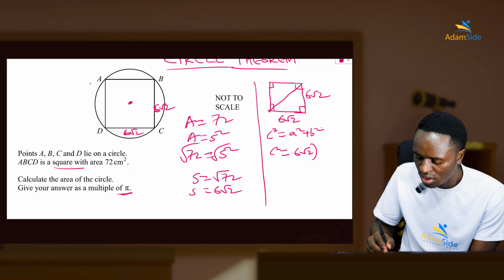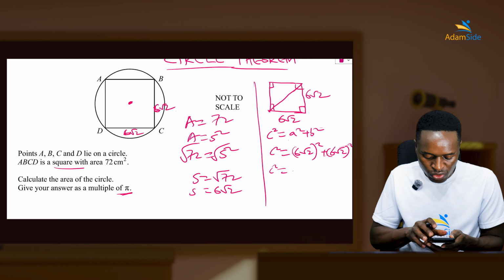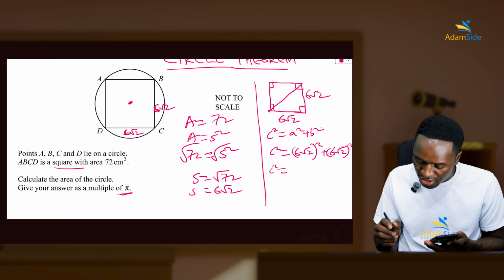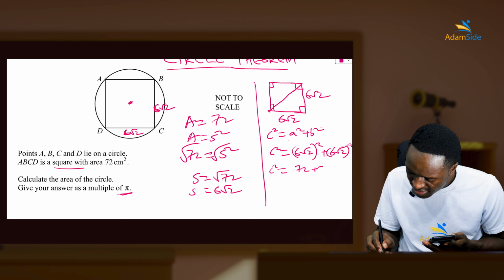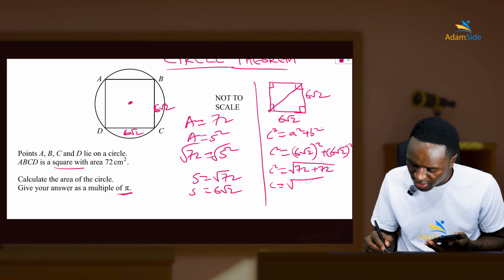Our base is 6 root 2 squared plus 6 root 2 squared. What is 6 root 2 squared? It's 72. So we have 72 plus 72, then find its square root to get C. So C is the square root of 72 times 2, which is 144. So C is the square root of 144.